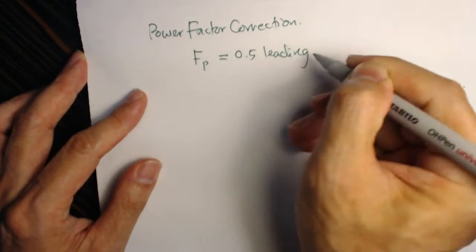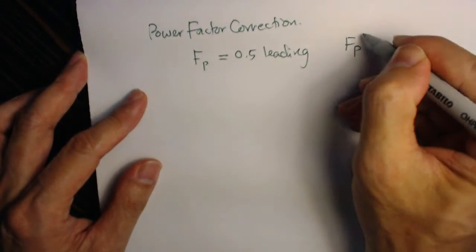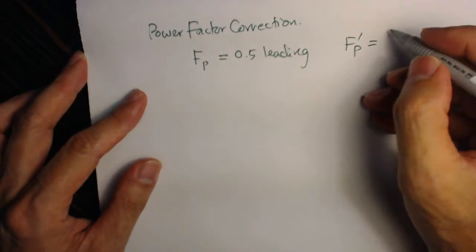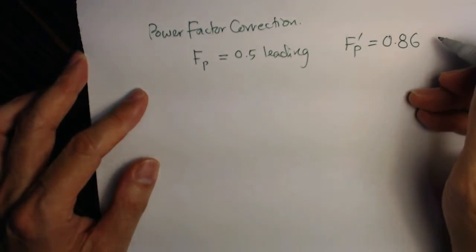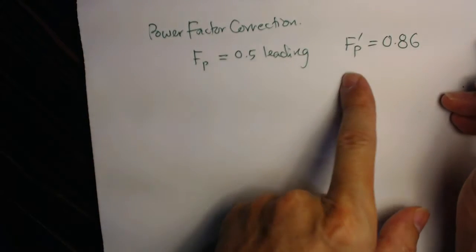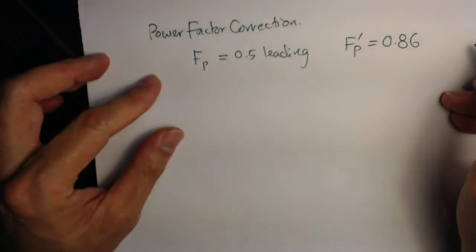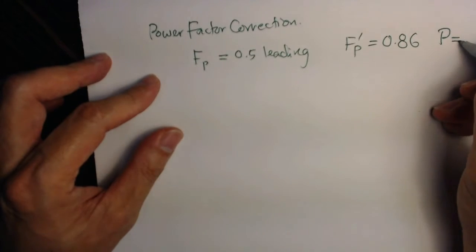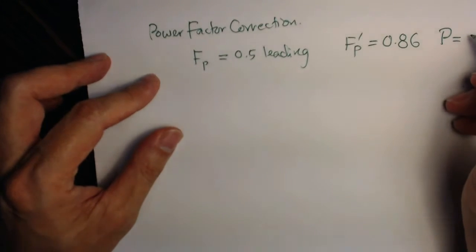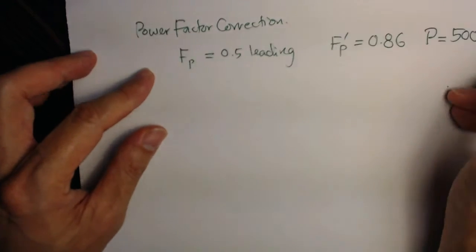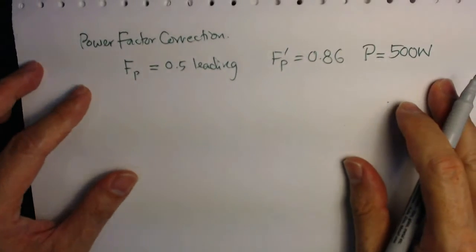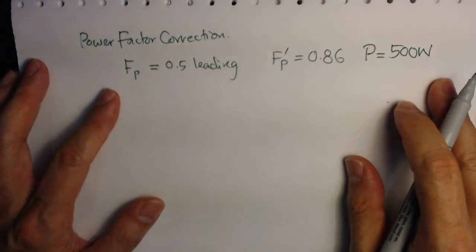Now what we want to do is improve the power factor so that it becomes 0.86. Now, while doing this, the key important part is the real power P remains constant. Real power, which we calculated as 500 watts earlier, remains constant, right?